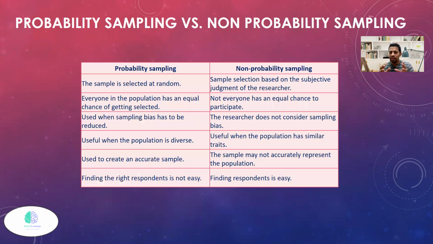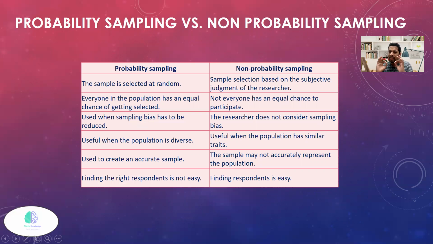Let's quickly look at the difference between probability and non-probability sampling. Probability sampling has to be selected randomly, while non-probability sampling is subject to the judgment of the researcher. In probability sampling, everyone in the population has an equal chance of being selected; in non-probability, not everyone has a chance. It is used when sampling bias has to be reduced.